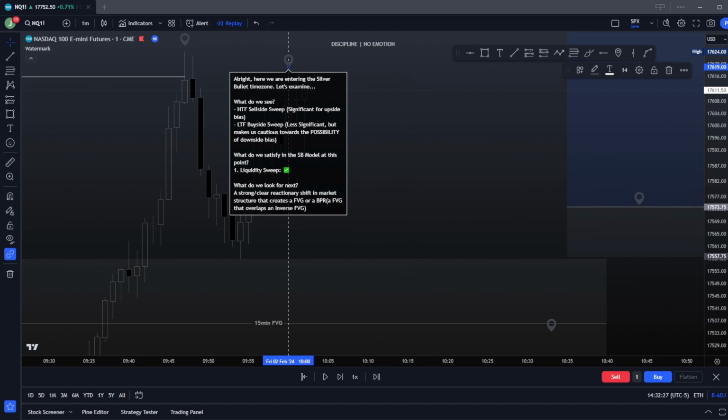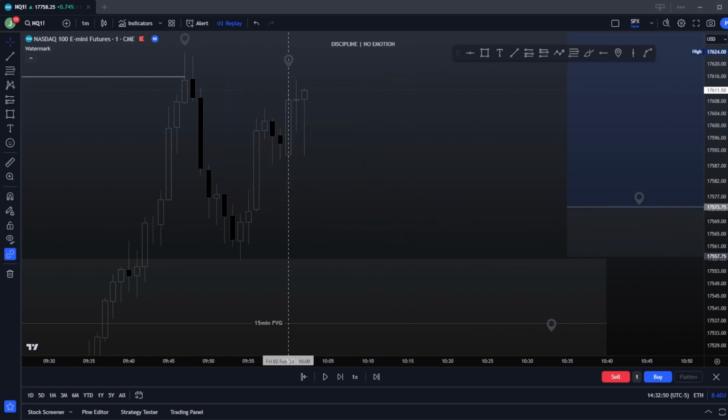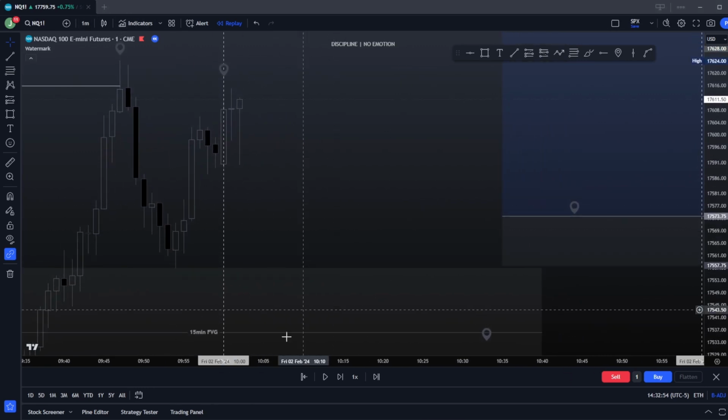What time frame did you draw this fair value gap on? Can you go to the actual time frame? Yeah, no, you drew it correctly. That is correct. Good, good. You're learning, fast learner. We love it. That's what we like to see.